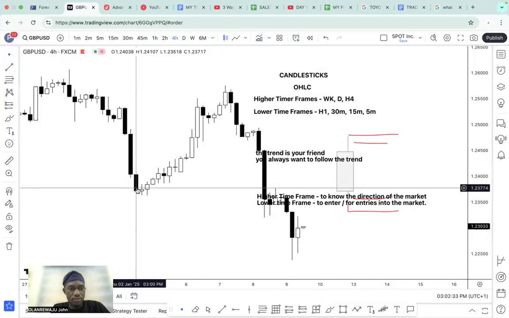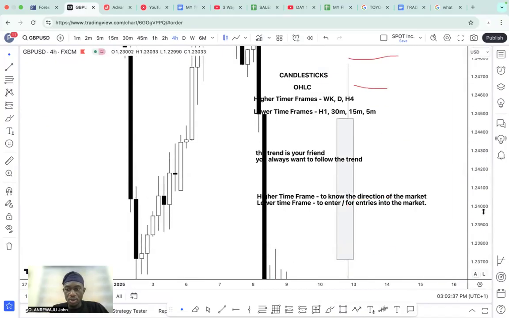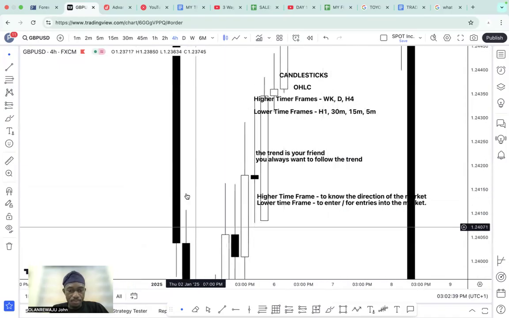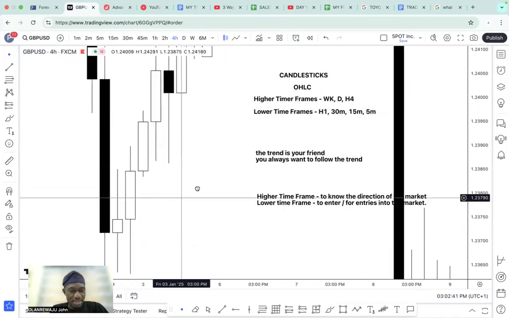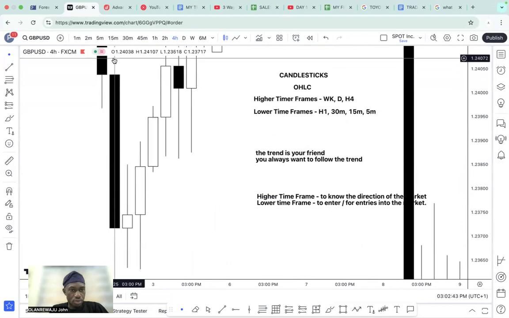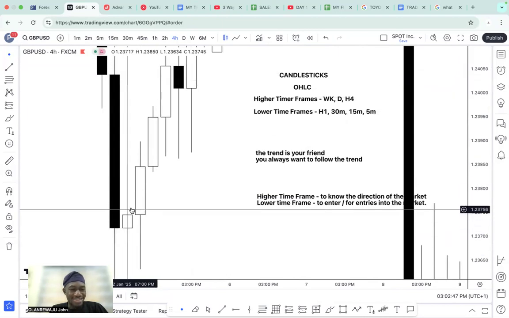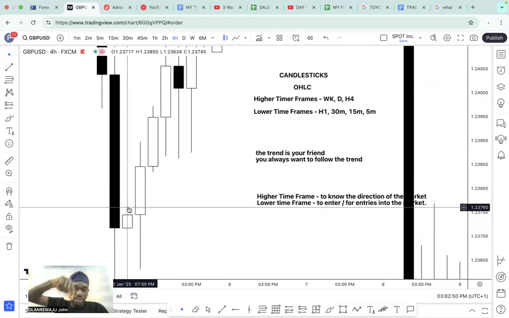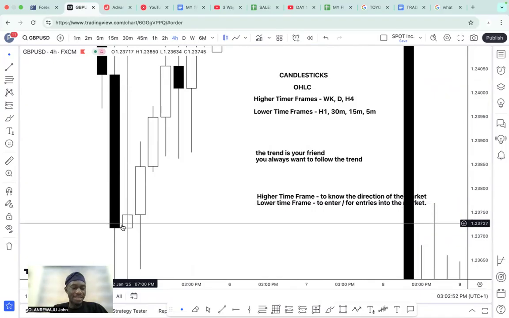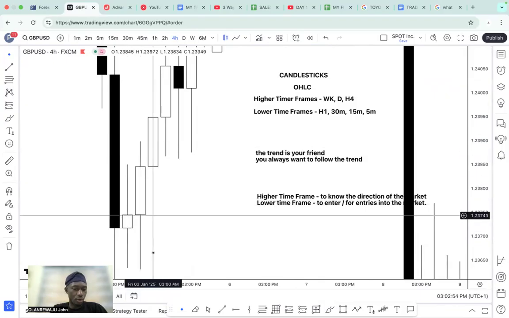What is the close of the former one? 1.23717. Because when you check it here, you can see it clearly. This one opened above, came down, closed below. The next candle opens on that same price and then can decide to close above or below. But of course, this one closed above.